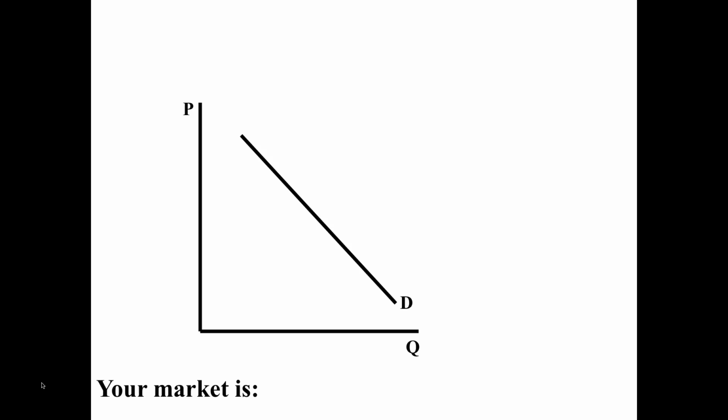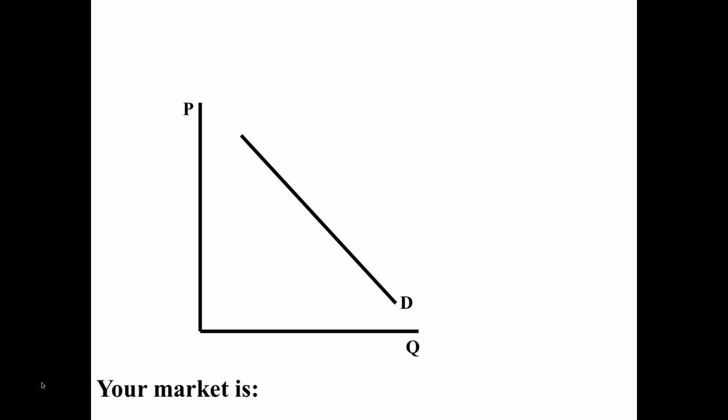All right, so we're going to start off with our demand curve. We start off with price, which we represent by the variable P, on our y-axis. So every demand curve is going to start off looking like this.